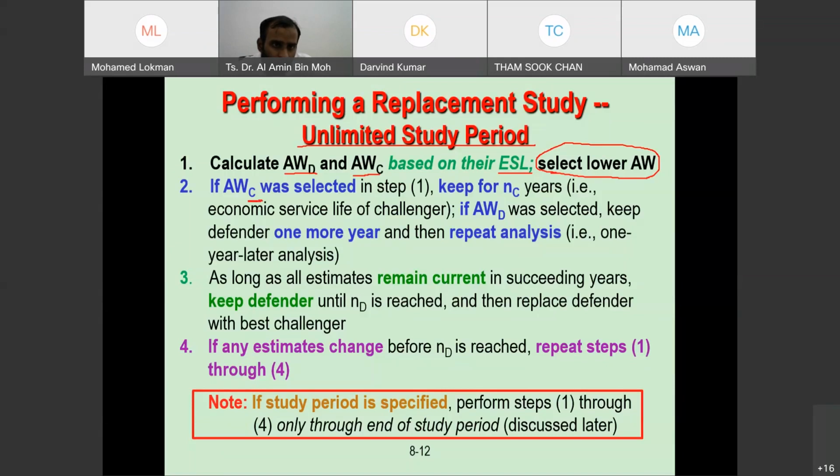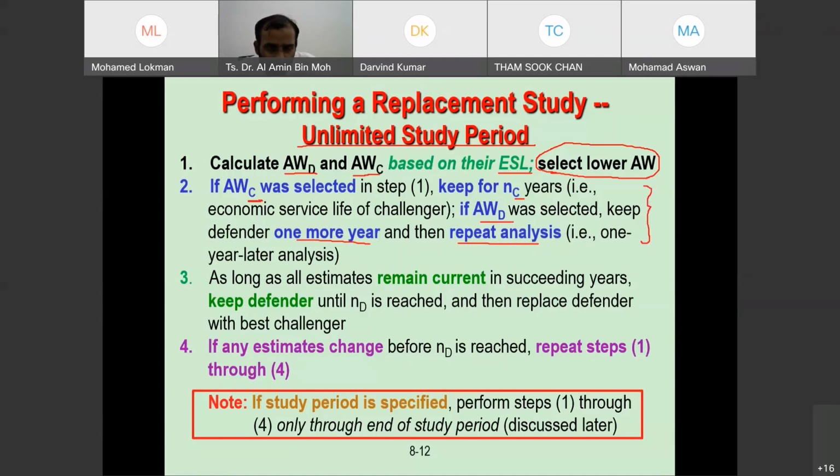In step 1, we are going to keep the challenger for n years based on the economic life of the challenger. If the defender was selected, we need to keep the defender for 1 more year, and then we're going to repeat the analysis 1 year later.